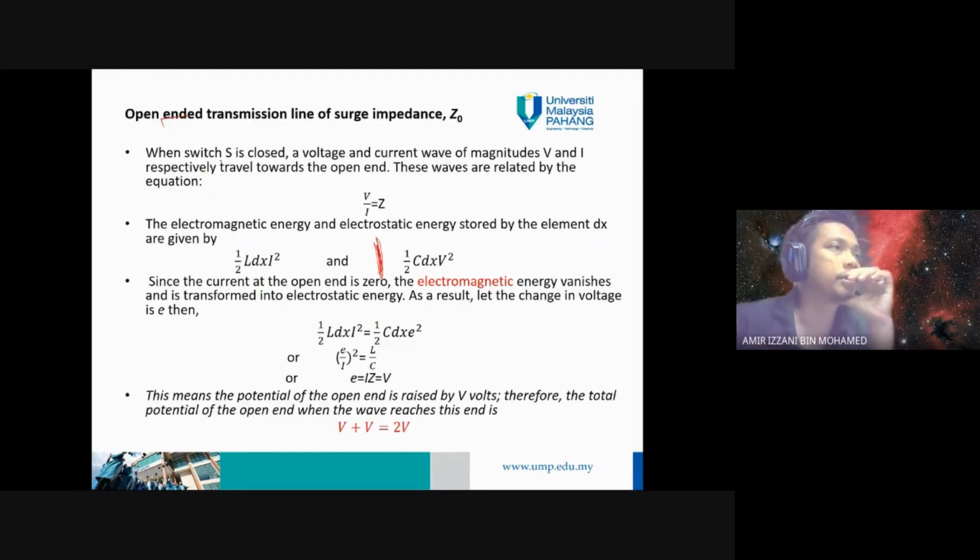When switch S is closed, the voltage and current waves of magnitude V and I respectively travel towards the open end. These waves are related by Ohm's equation: V over I equals Z. The electromagnetic energy and electrostatic energy stored by the element dx are given by this equation: 1 over 2 L dx I squared and 1 over 2 C dx V squared.